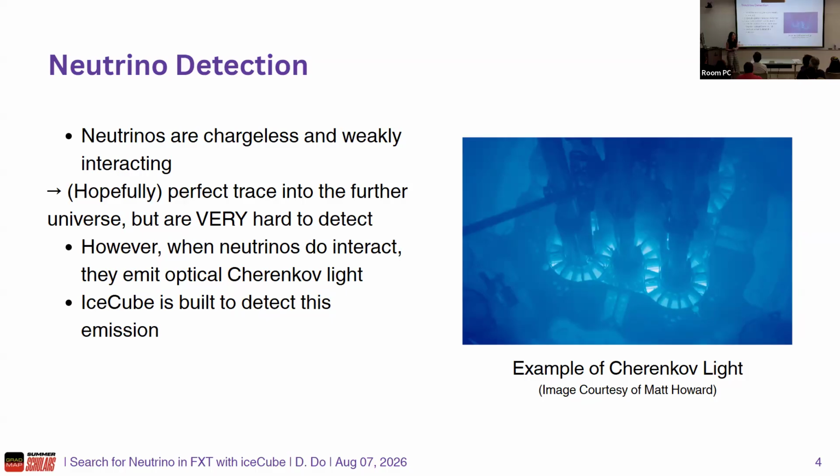But when they do interact and we are able to catch them, they will emit these optical Cherenkov lights that you can see on the right. It actually is that visible blue light. And so we are building a neutrino detector called IceCube to detect this emission. So we'll capture this light to study neutrinos.